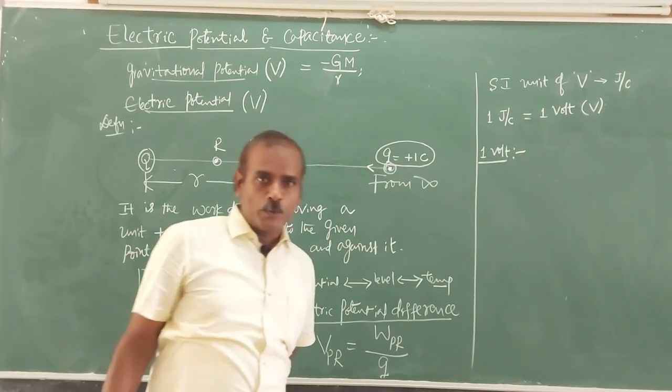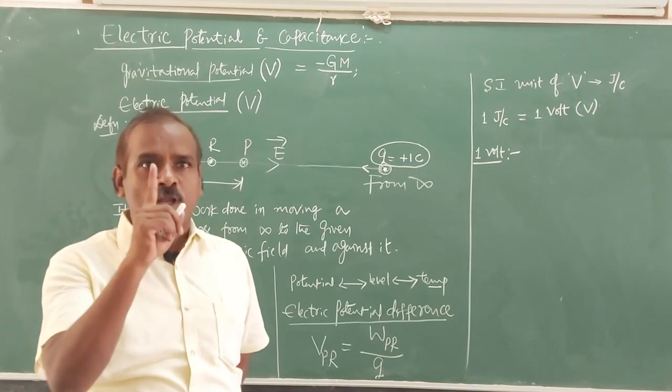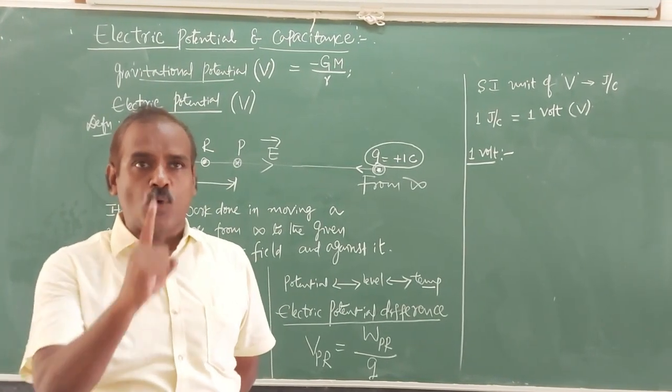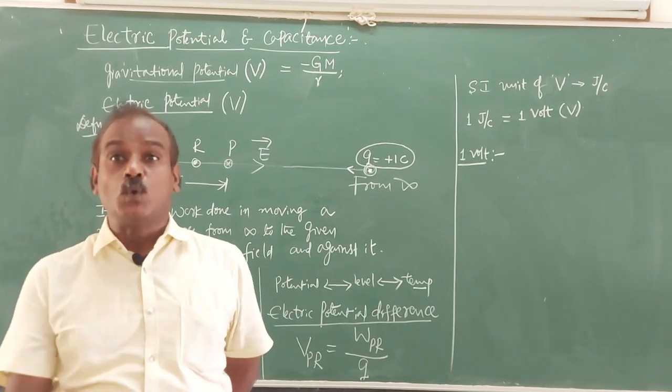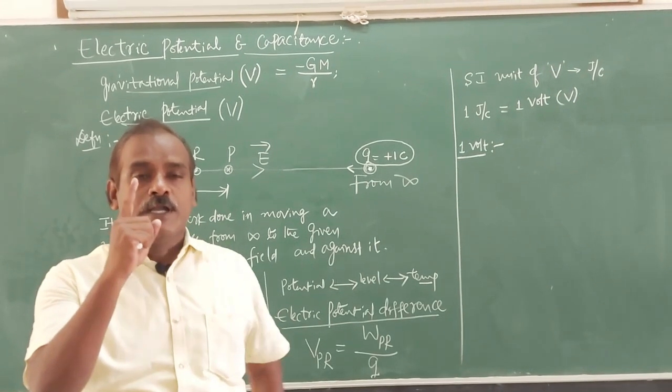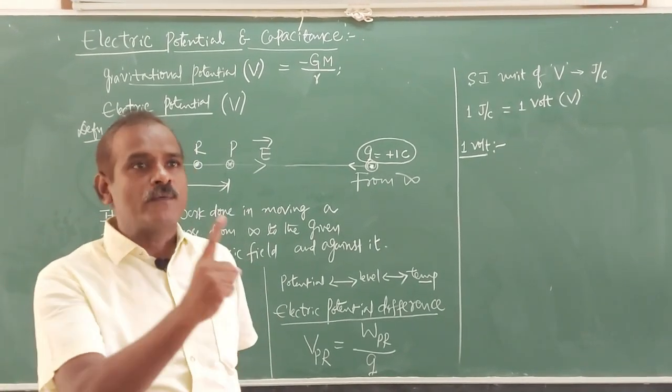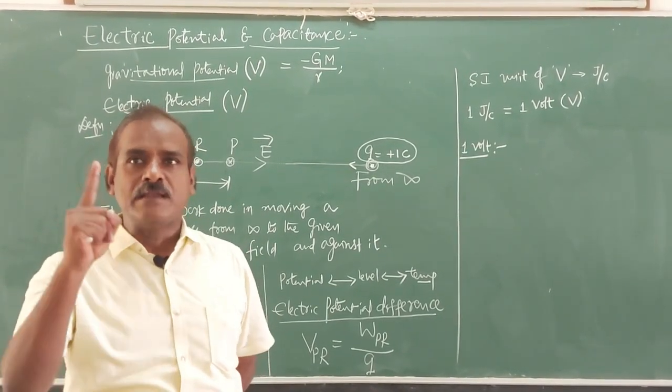Potential at a point is said to be 1 volt if 1 joule of work is done to move a unit positive charge from infinity to the given point.